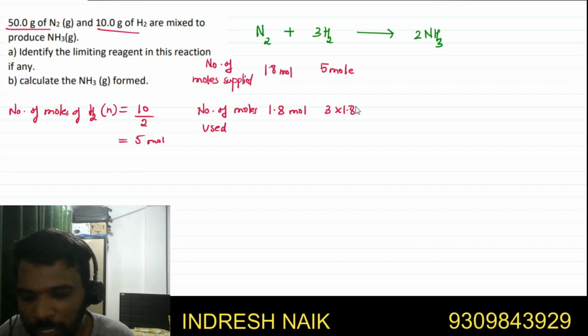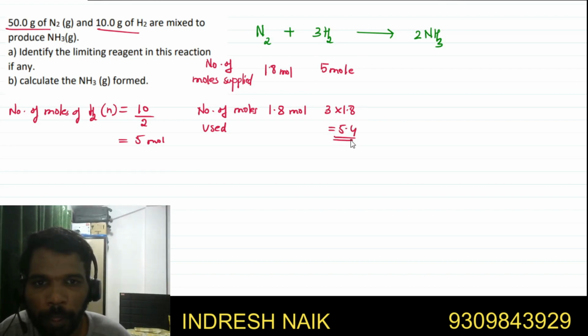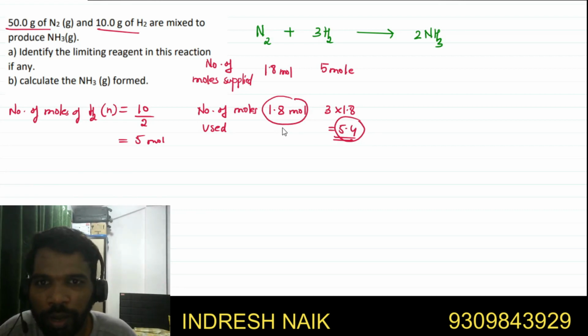But how much is supplied? Is it supplied in that quantity? 1.8 comes to 5.4, right? Means if this is 1.8, this should be 5.4.